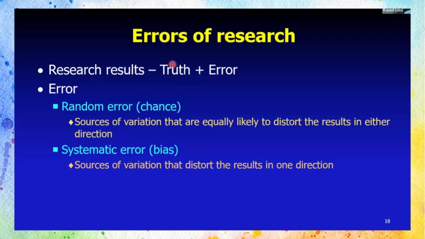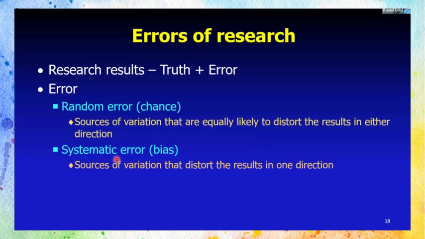It will always overestimate the results. In some other research, it might underestimate the result, but if the research is repeated again and again, it will always underestimate the result. So this is the difference between these two types of error. Random errors happen at random. They don't have any particular direction. They can either over- or underestimate. But for systematic error, there is a particular direction.